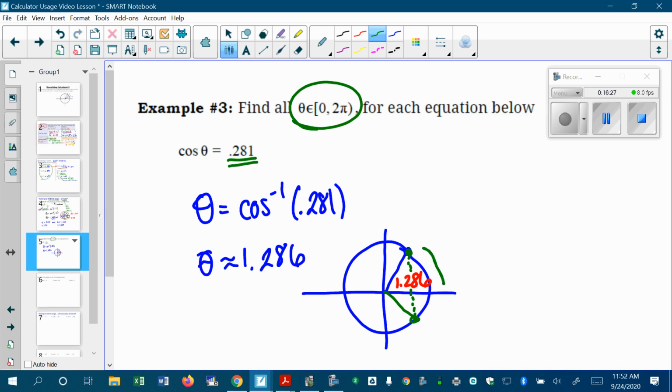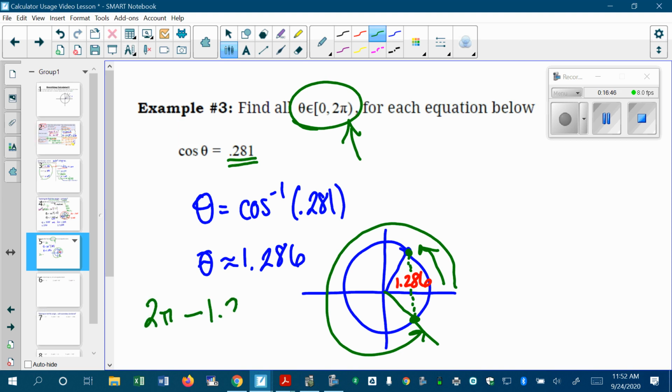Okay, so we get this angle of 1.286. That's going directly to here. It said between 0 and 2 pi, so I can't go the negative way. So my other one has to go all the way to here. So that's the whole thing except for that reference angle. So 2 pi minus 1.286 is going to be my other angle. 2 pi minus my reference angle gives me 4.997.